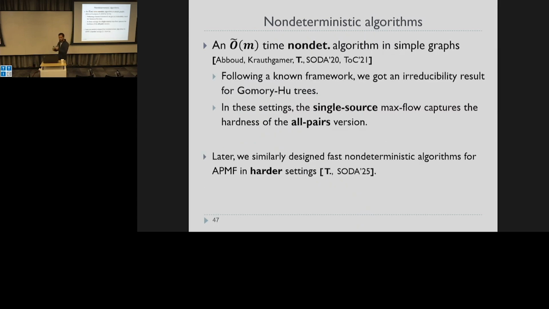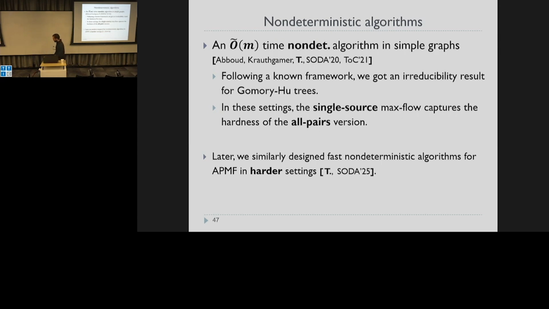And specifically what we did was we showed a near linear time non-deterministic algorithm in simple graphs. And the consequences of that were first, given a known framework in fine-grained complexity, we got what is called an irreducibility result for Gomory-Hu tree.